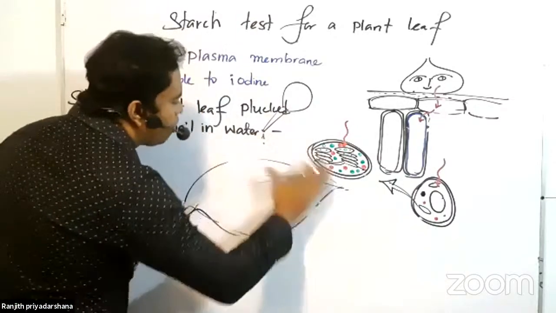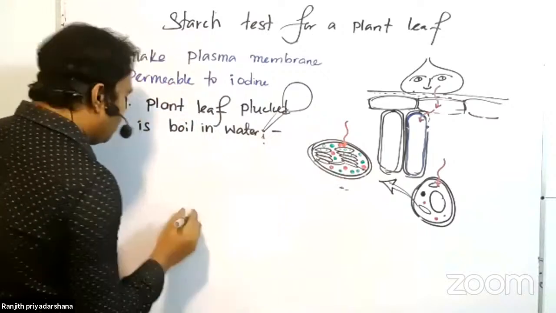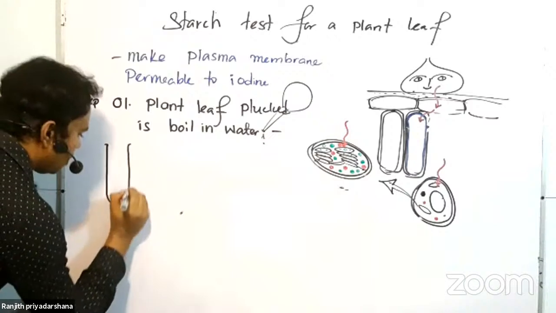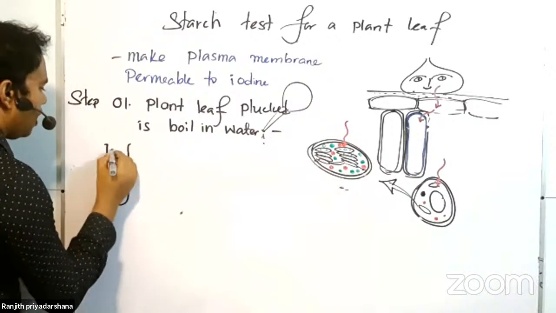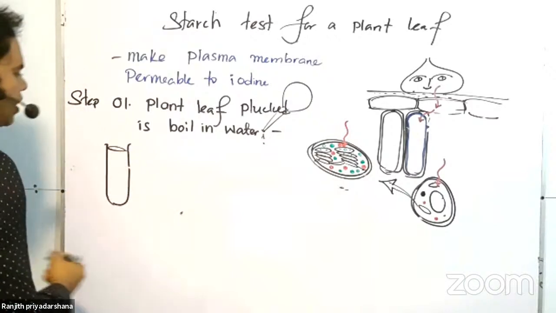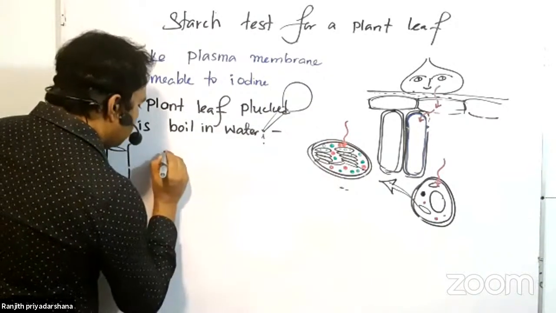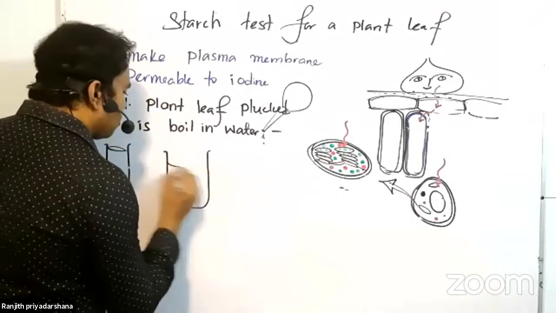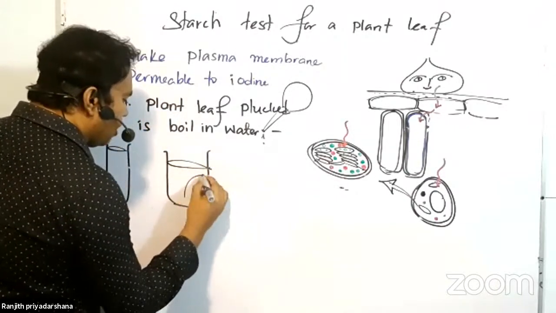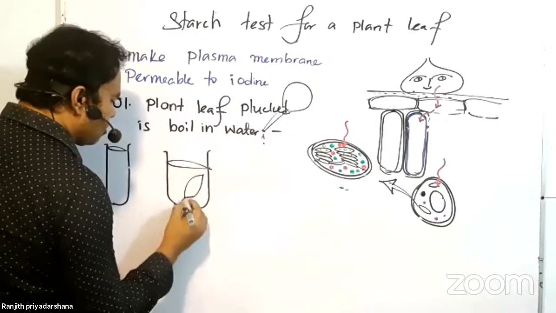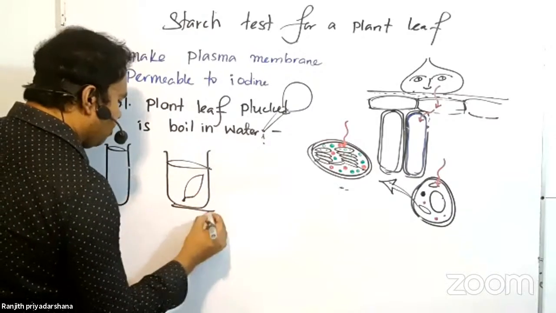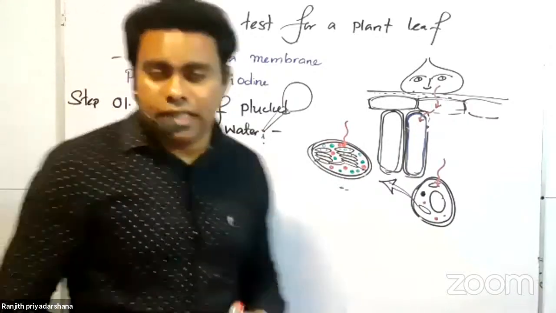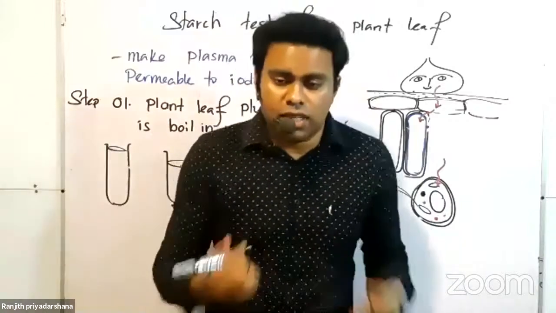Next thing. Now you have boiled this using a test tube. So you have to draw it. Here's the test tube. No matter, you can use a beaker as well. You can boil the plant leaf. Now the important thing, you have to select a plant that can easily be subjected to the starch test.